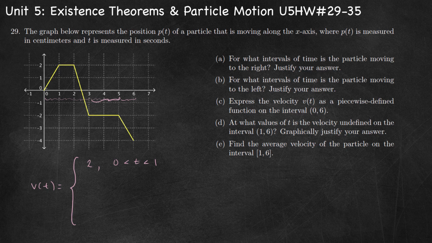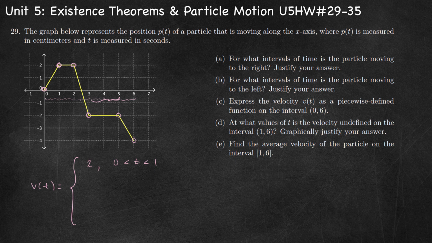Well, the velocity is going to be undefined wherever the position is not differentiable, and it's not differentiable at endpoints and at corner points. So our velocity is undefined at all these points I'm circling, the 2 endpoints and then those interior corner points. So we are not going to include the 0 or the 1 for our velocity function. Velocity is undefined at 0 and at 1 and 2 and 3 and 5 and 6.